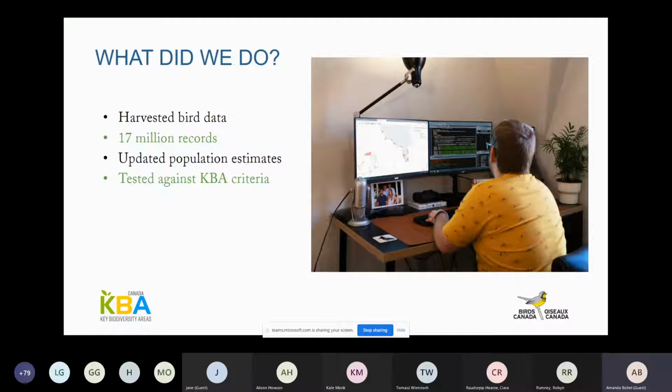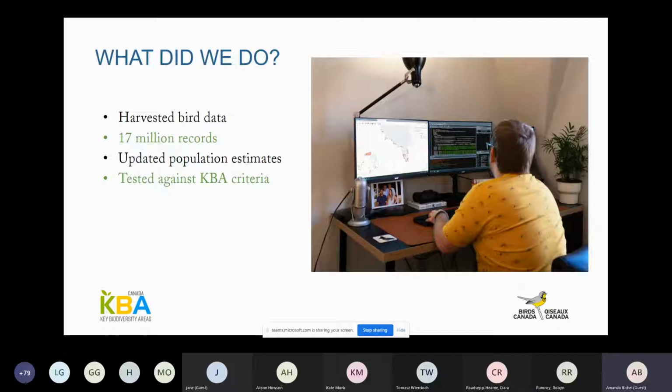What feeds into there is eBird and all the Birds Canada programs across Canada, including marsh monitoring, bird atlases, and Great Backyard Bird Count. Anything that's a Birds Canada program gets fed into there. So a lot of data is already there.